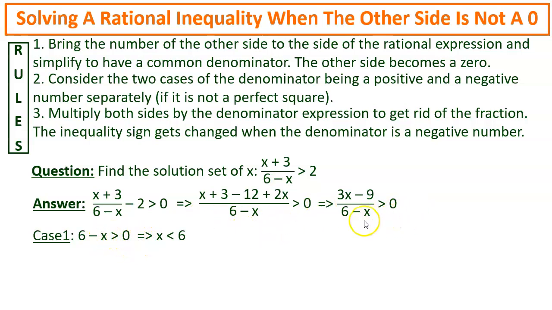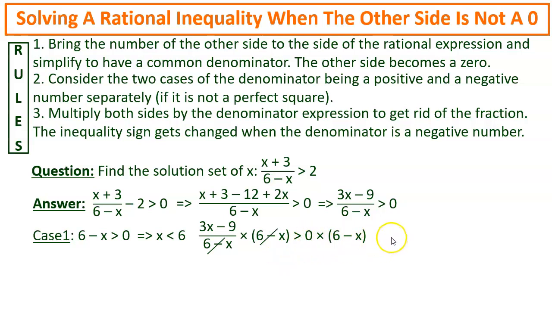So on multiplication of 6 minus x to both the sides, the inequality sign will not be changing.